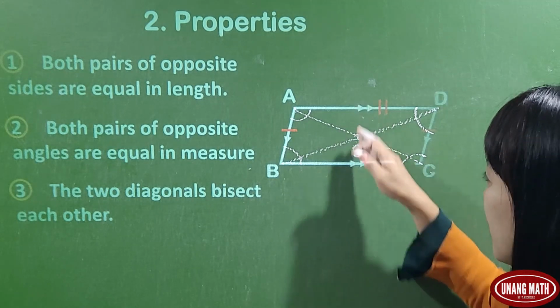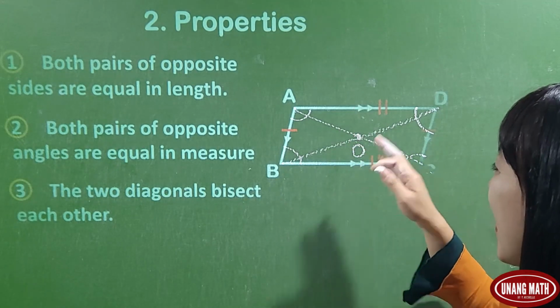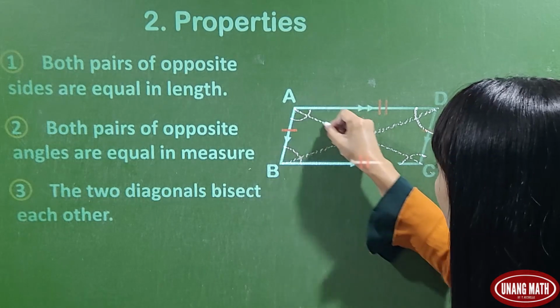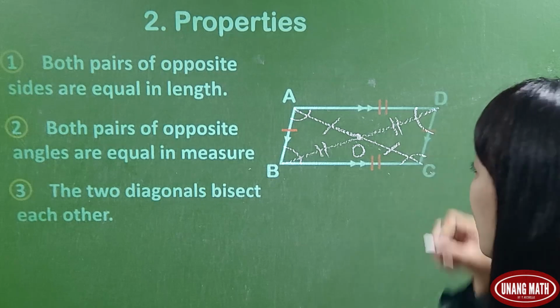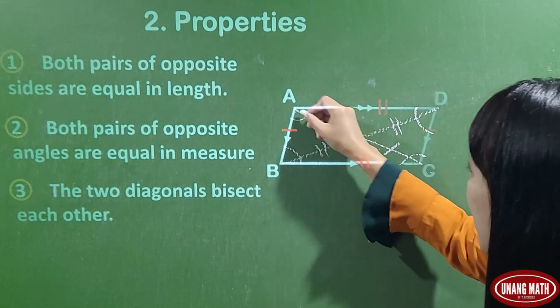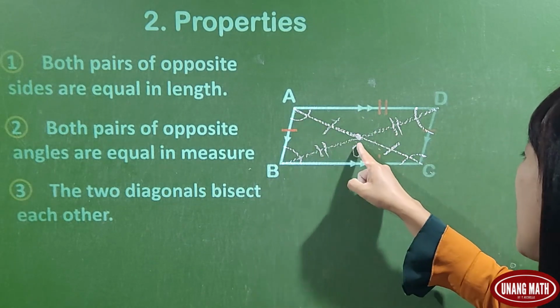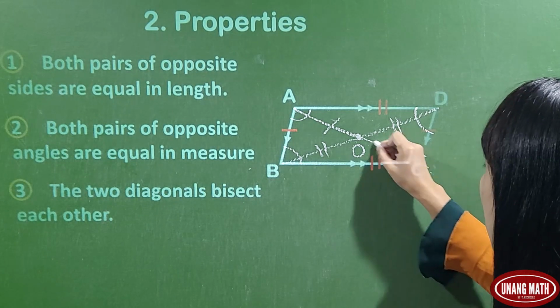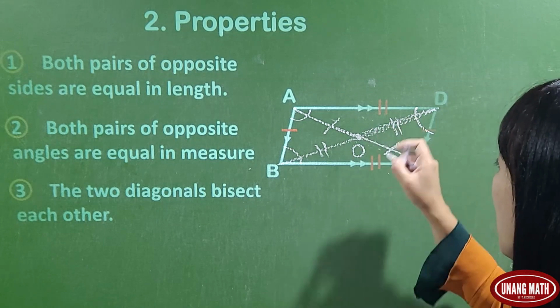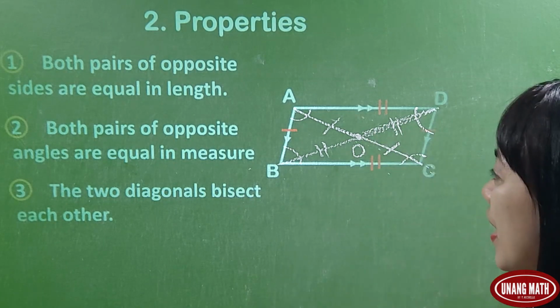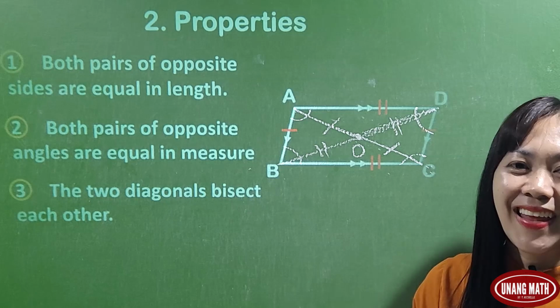So if opposite triangles are congruent, then that means opposite sides are also equal. So this segment AO is equal to segment CO. Segment BO is equal to segment DO. So they are equal in length.